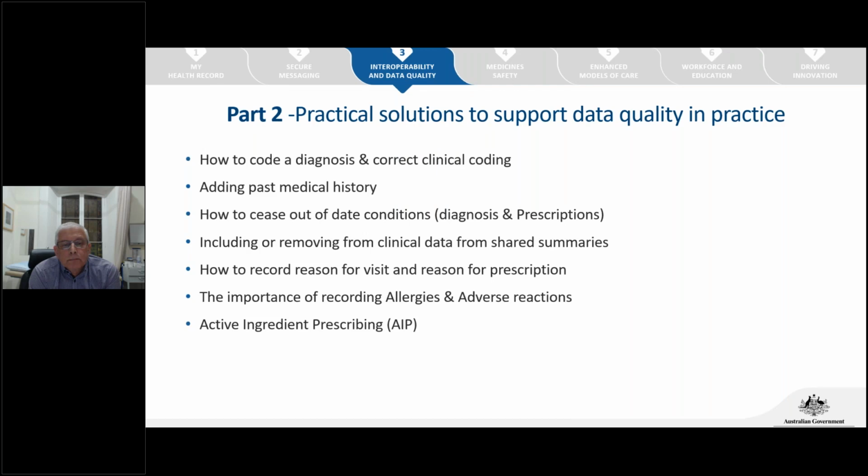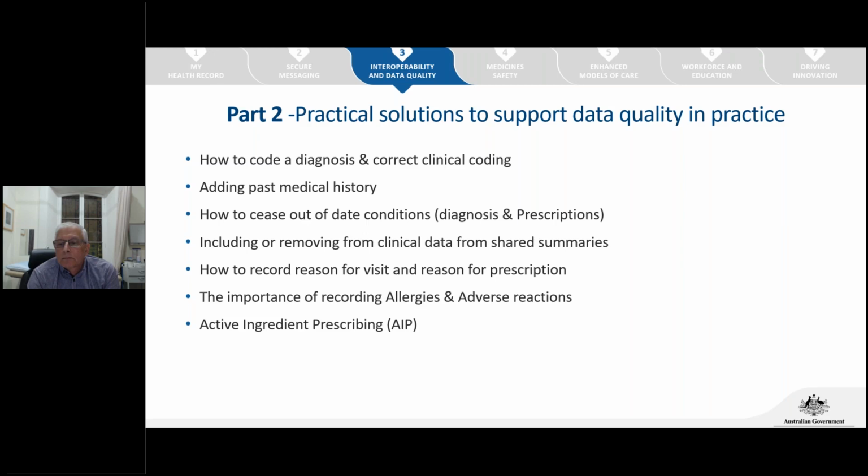As Bree mentioned before, and as you've heard tonight, there's a lot of information to go through, and it's been fantastic hearing from Peter and from Patricia about some of the tricks and tips. We're going to show you this in the second part, where we'll show you how to record a diagnosis, how to correct the medical history, and use terminology available in your clinical information system to code the medical condition.